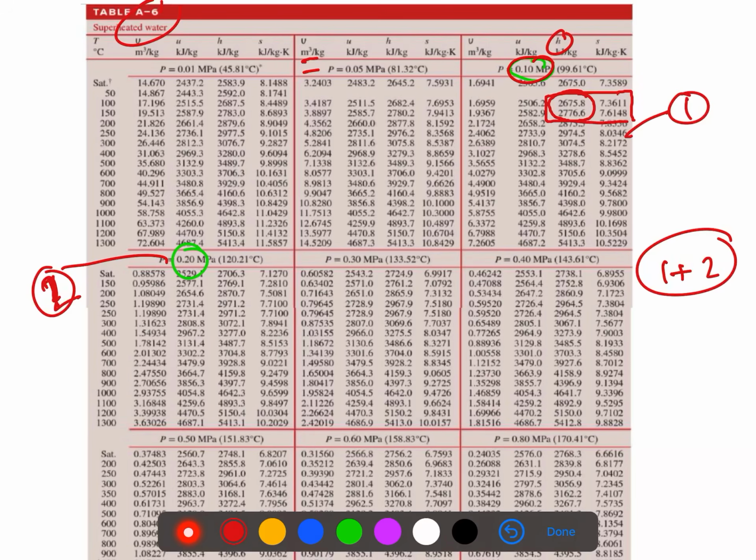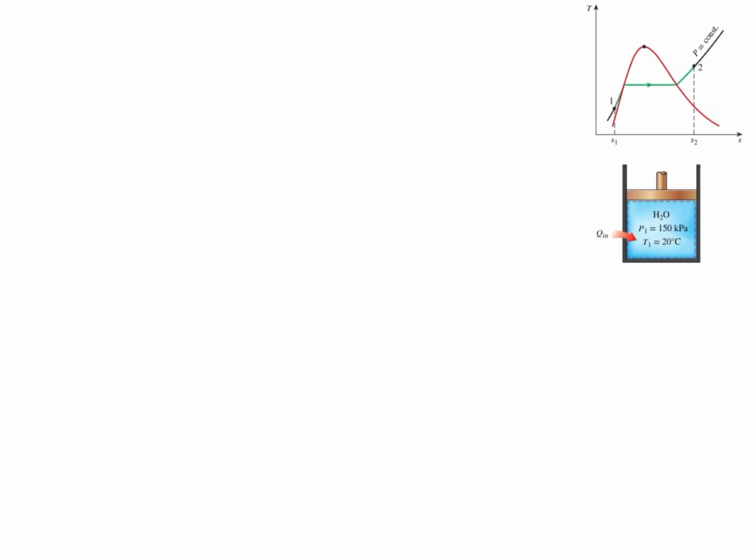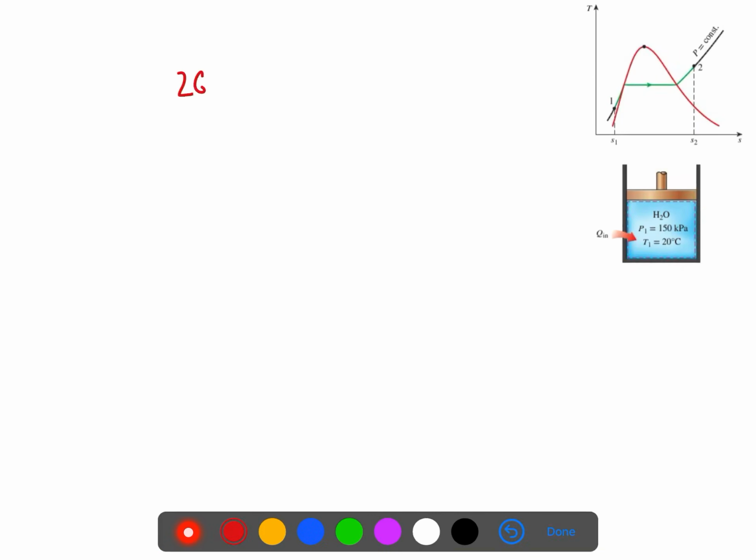Keep in mind it is 2675.8 for this one, and we got 7.3611, and our ultimate value is 2750.6.